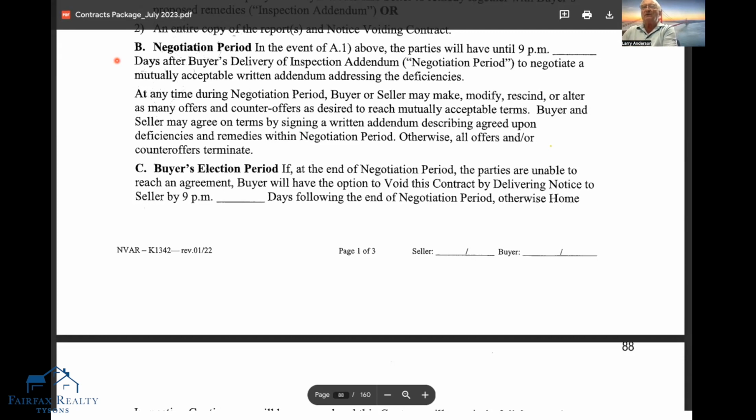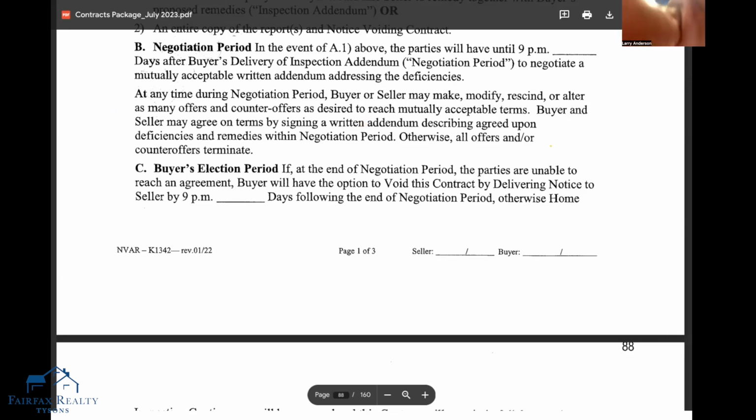But if something happens later and they get an attorney and they say, well, you know what? They didn't do this during this time period. And that means that offer terminated. You don't want to get into that argument, right? So get this extended if you can't get this written addendum signed by that time.